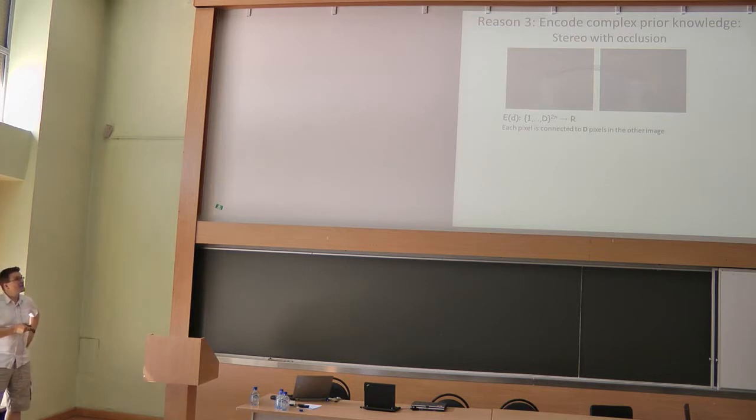So here the idea is to label both images with these labels 1 to D. Additionally to a standard 4-connected grid, we also have these long-range links linking every pixel to all the pixels which are potential matches. And these links have a very particular form.